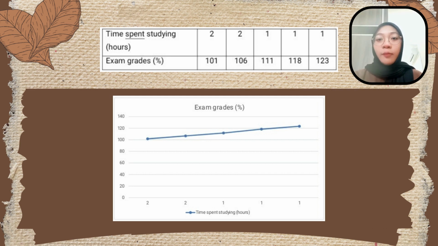With 5 data points, a noticeable positive trend emerged. More study time correlates with higher exam scores. Visualizing this relationship through a line chart emphasizes the upward trajectory. The strong correlation underscores the connection, though it's important to remember correlation doesn't imply causation. Overall, the dataset effectively showcases the positive association between study time and exam performance.